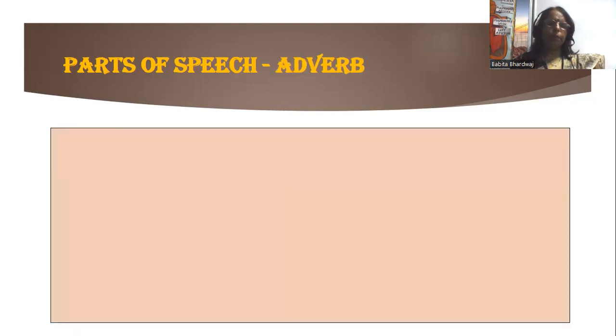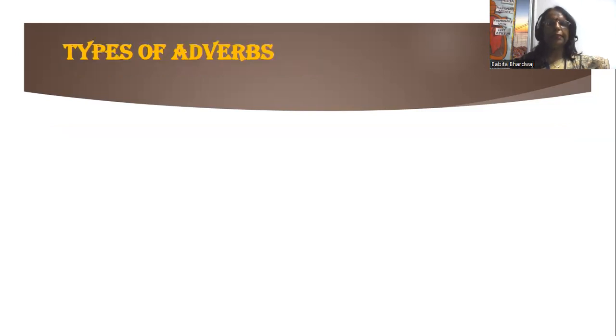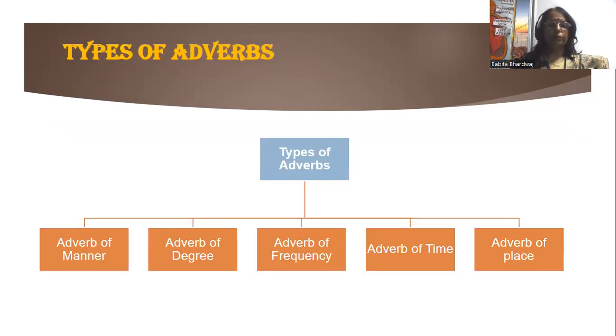Now coming to the next part of speech, that is adverb. Adverbs are the words that are used to provide more information about verbs, adjectives, and other adverbs used in a sentence. Here are certain types.